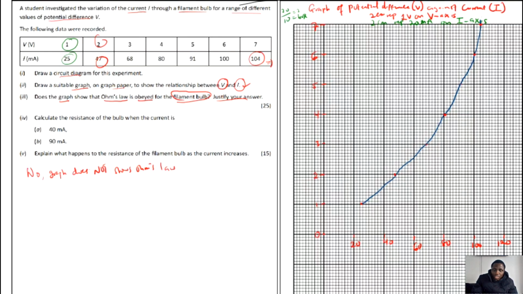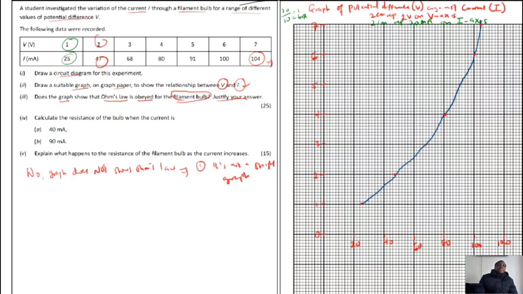So how do you justify the answer, that it does not obey Ohm's law? Because number one, we have a curve rather than a straight line graph.